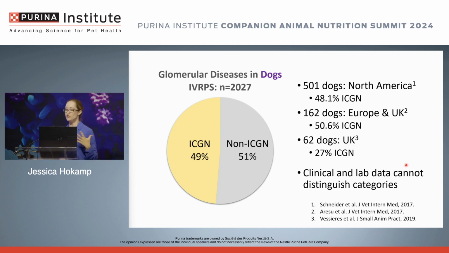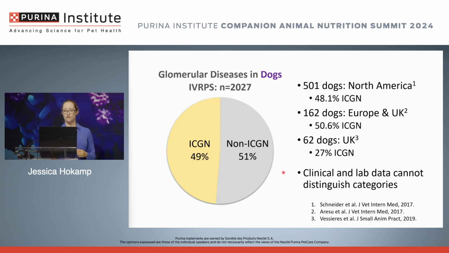And so we don't have a lot of data for countries, or continents, outside of North America, Europe, and Australia. So for those of you that are potentially elsewhere, feel free to submit samples to us, and we do take international samples.